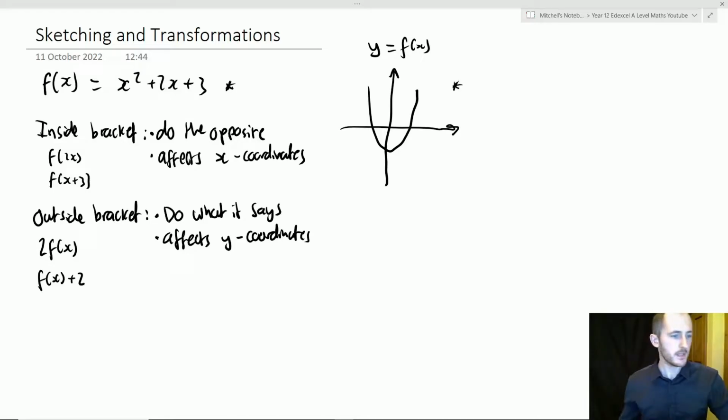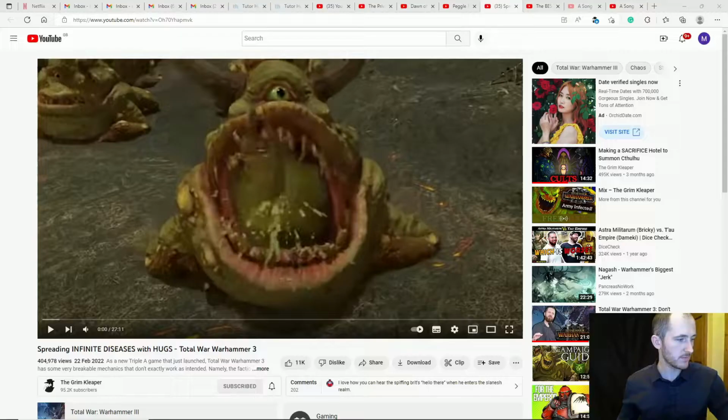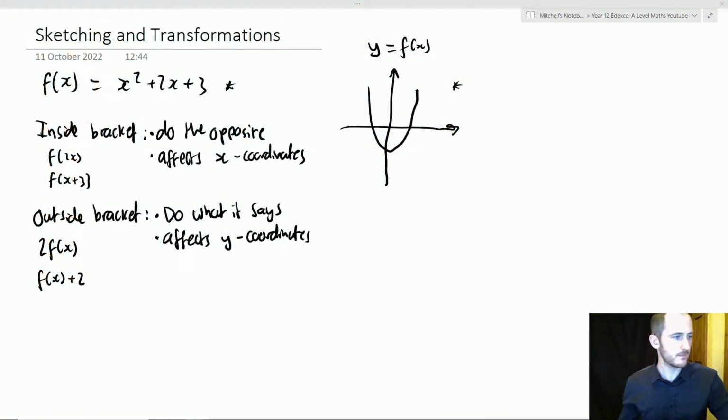Okay, so just let me check on the stream quickly. Okay, yeah, and it affects the y coordinates only. So what this would do for 2f of x, it would times all the y coordinates by 2. F of x plus 2, you'd add 2 to all the y coordinates. That should be fairly simple so far, okay?